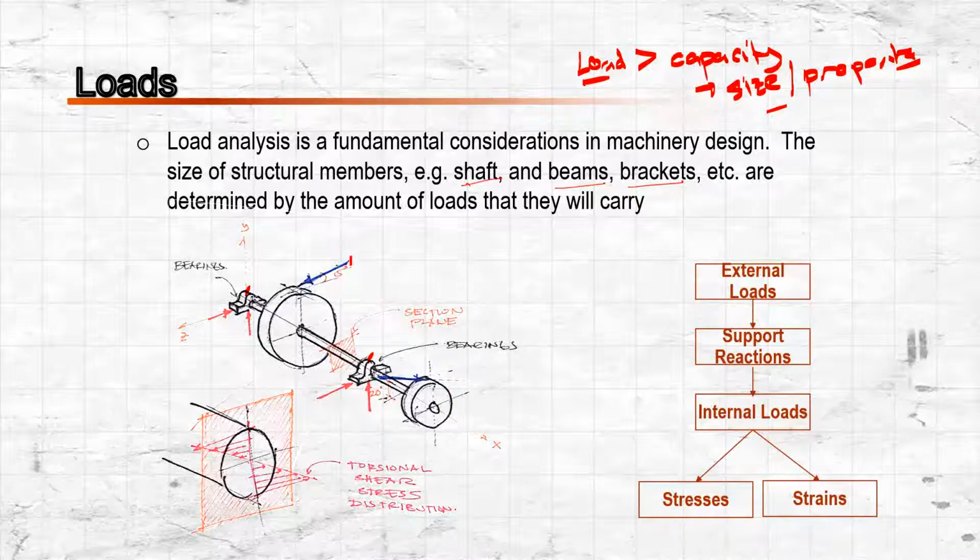We have a force being exerted on this gear, coming from the other gear. That concentrated force, or point load, is induced by the mating gear, because gears transmit forces through the meshing of the teeth.